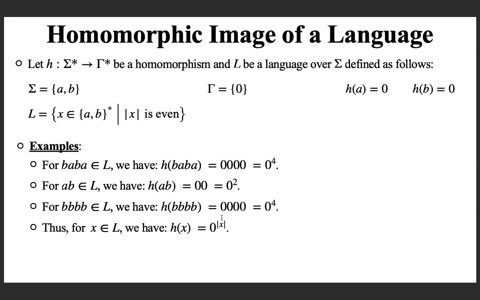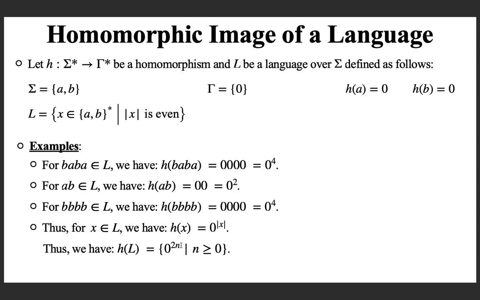And with this we can see what the homomorphic image of the language is. H of L: the set of all even length strings is the original language. So the homomorphic image is 0 to the power 2n, where n is greater than or equal to 0. This is a representation for all even length strings of zeros.